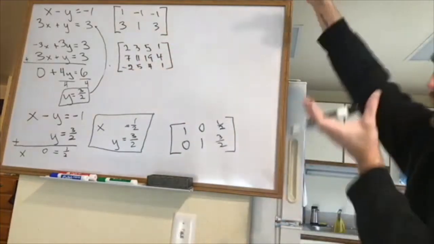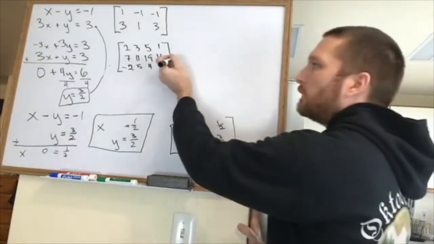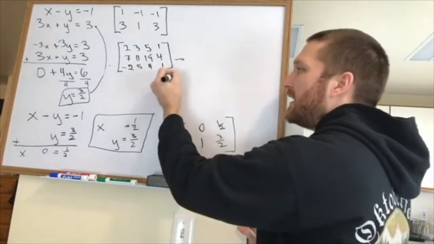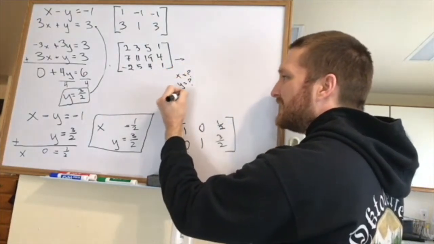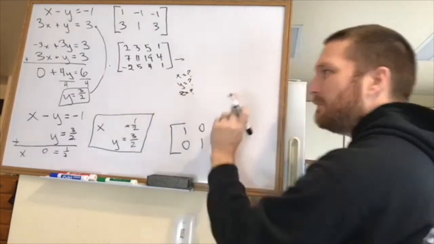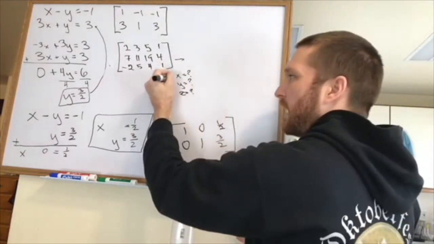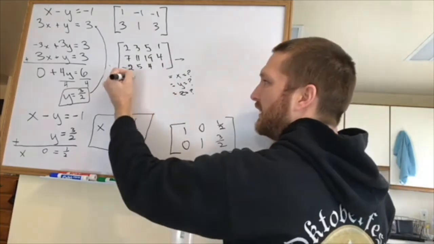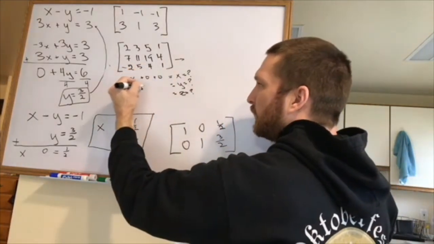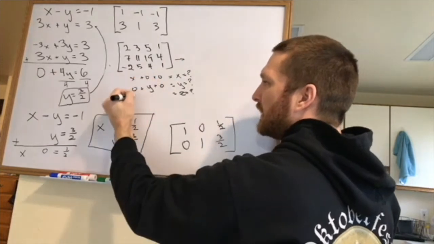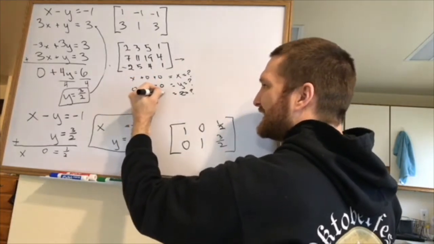That's just 3 equations. My goal is to get x equals something, y equals something, z equals something. And so in matrix form, what that would look like is I want an x plus a 0 plus a 0, and a 0 plus a y plus a 0, and a 0 plus a 0 plus a z.